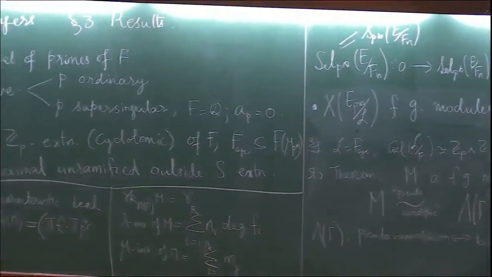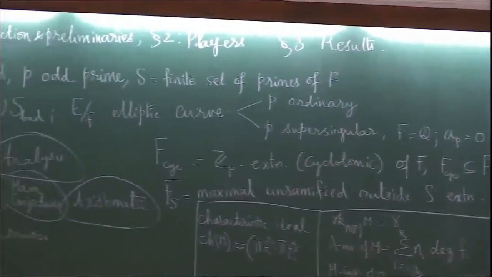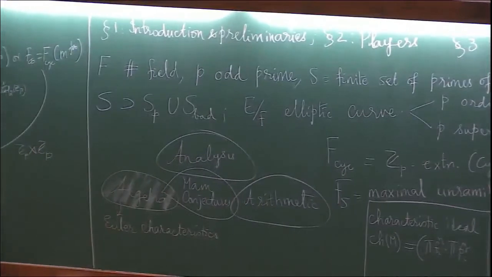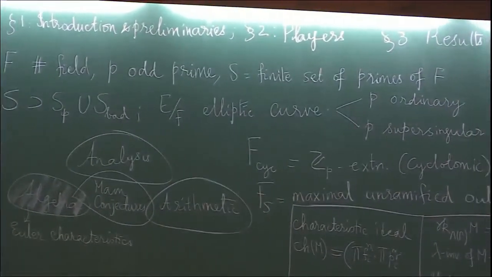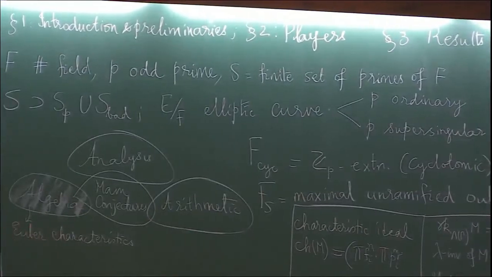So now I have somewhat given you the picture of the objects that we are studying on the algebraic side. And what was the main conjecture in classical Iwasawa theory? You have an object here, you have a characteristic ideal, which is an element in the Iwasawa algebra, in the simplest case Lambda of Gamma.